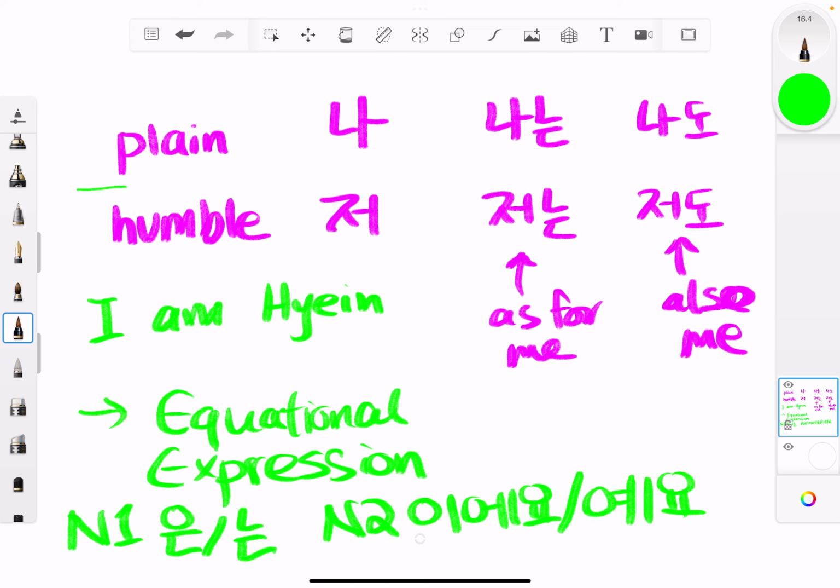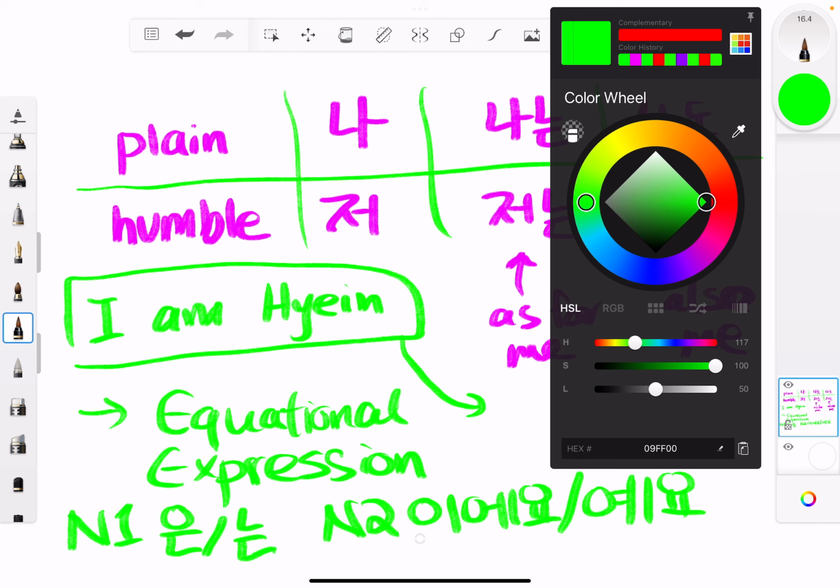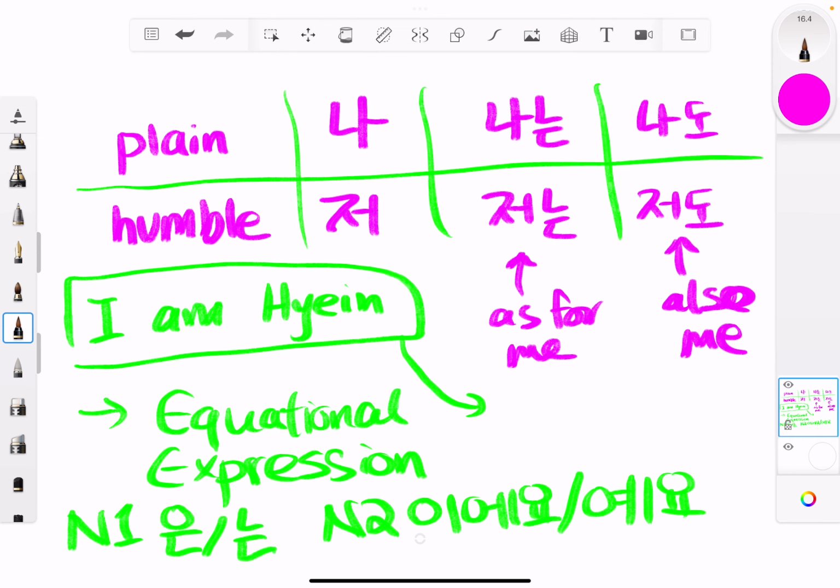And keeping this chart in mind, I'm going to look at I am 혜연 in a plain, casual form, and then humble form.